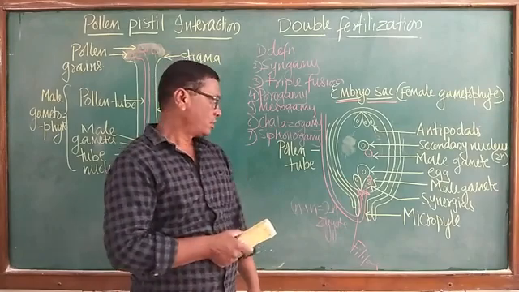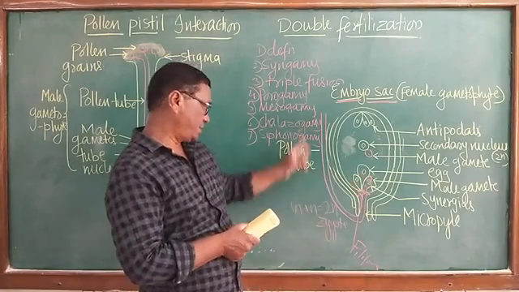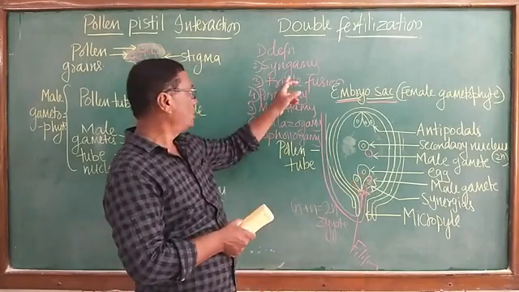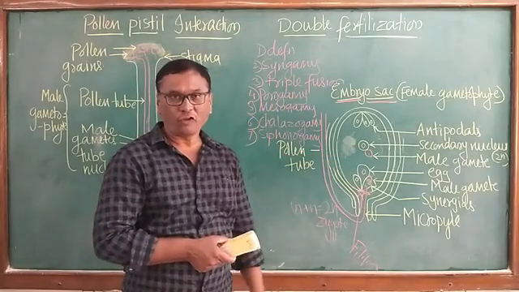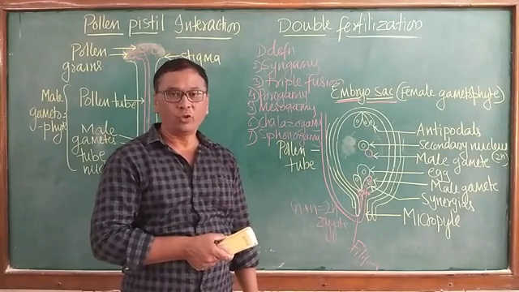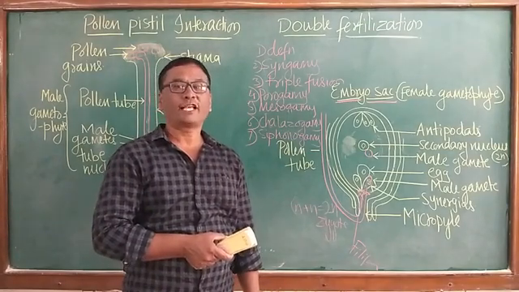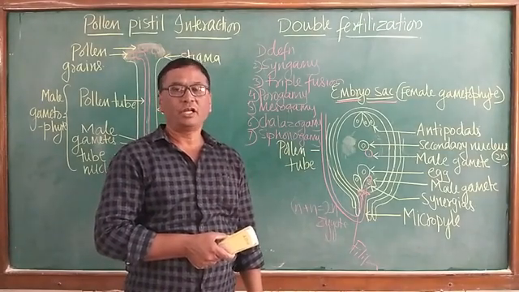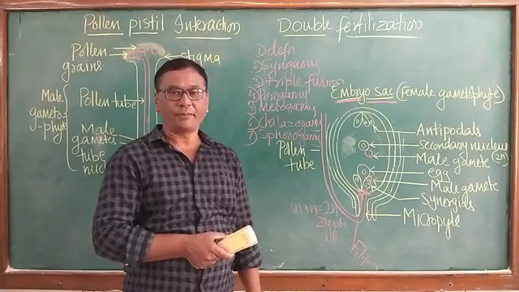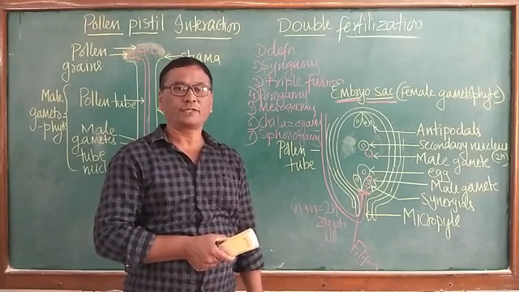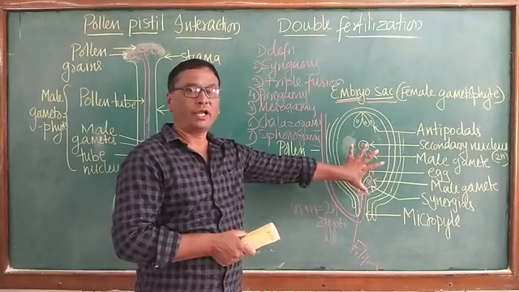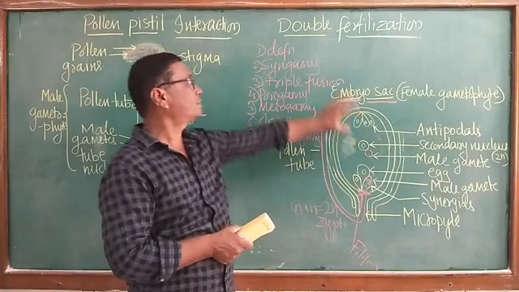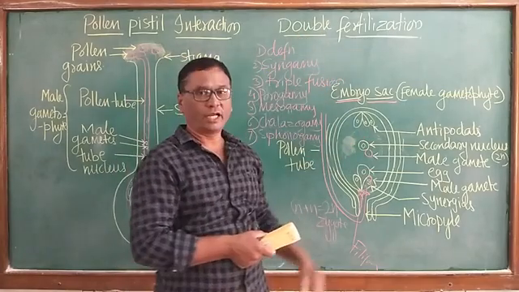So, the syngamy forming the zygote, and the triple fusion leading to the formation of the primary endosperm nucleus, can be called PEN, primary endosperm nucleus. Until this zygote and primary endosperm nucleus, it is double fertilization.